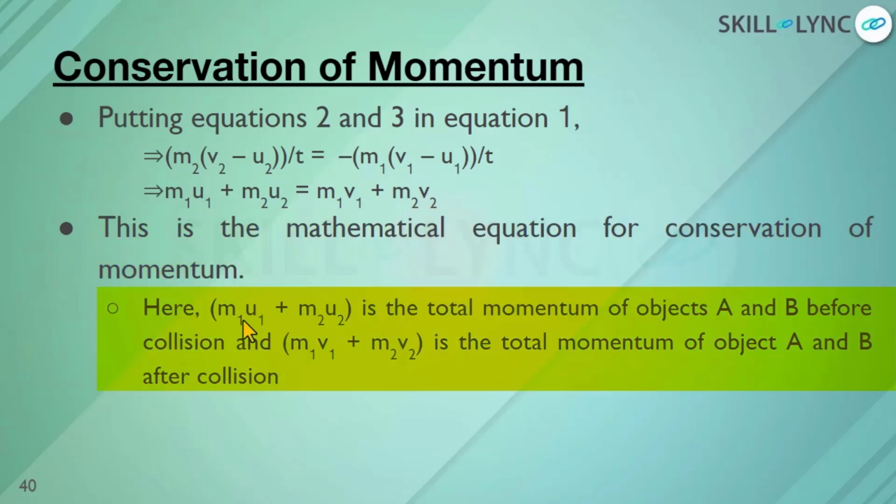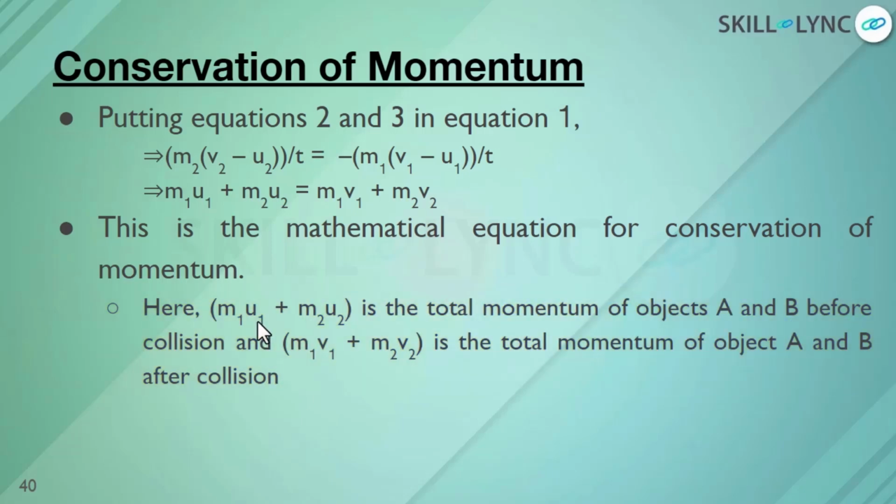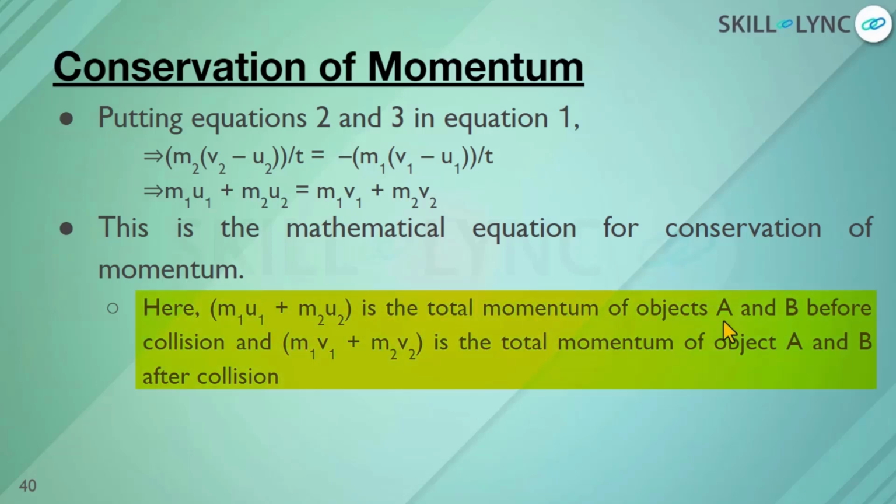Here, m1 u1 plus m2 u2 is the total momentum of objects A and B before collision. Since u denotes the initial velocity, this is the state of momentum of the objects A and B before colliding.